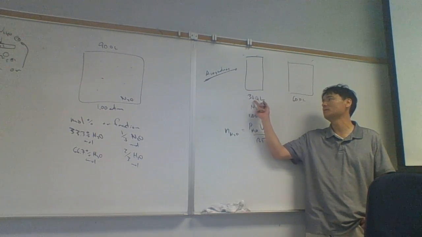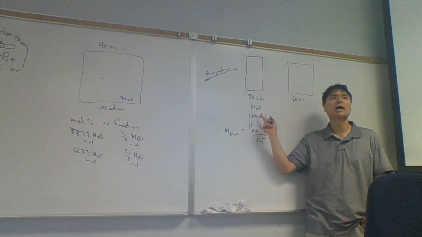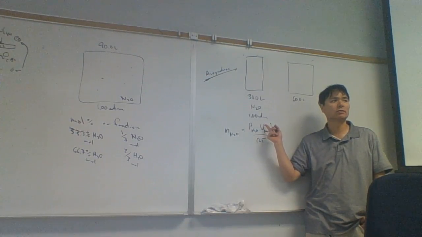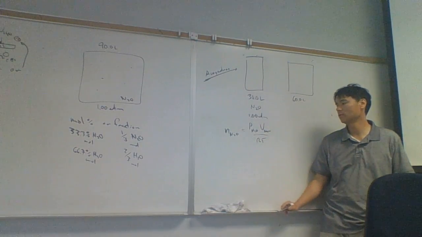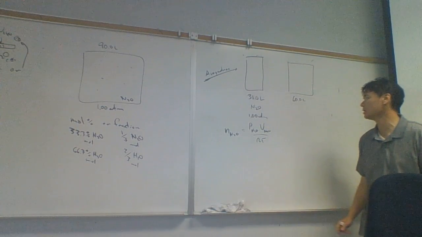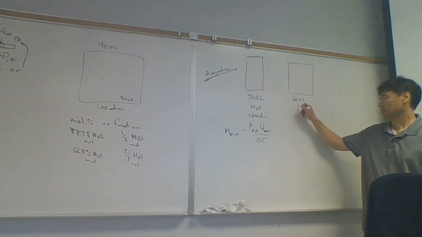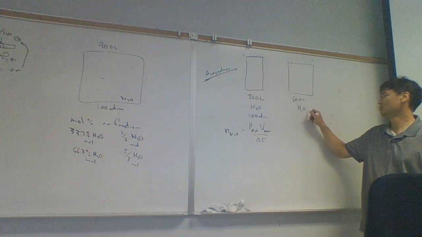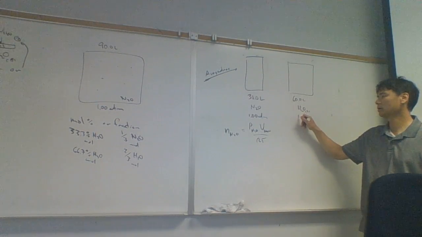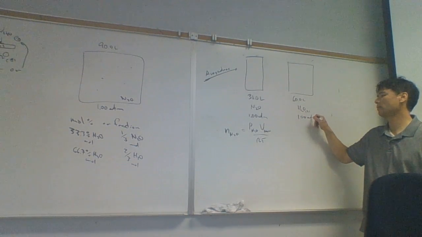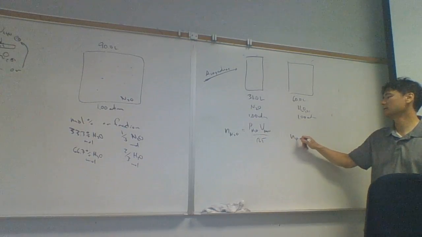So they'll say there's going to be 30 liters of nitrous oxide at 0.333 atmospheres. That can't work. It's one or the other. You can't have both simultaneously. So this is going to be 60 liters of water vapor at what pressure? 1 atmosphere. And again, we'd get the exact same answer.